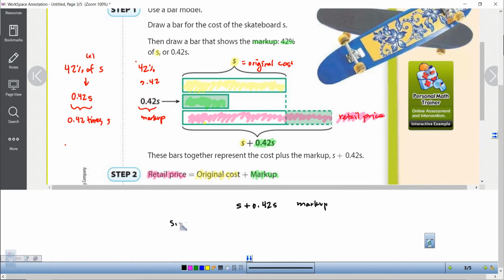But we can simplify it, okay? s is the same as 1s. So it's 1s plus 0.42s, and 1 plus 0.42 is 1.42s. They're going to be asking you to write it two different ways. This way, we're writing the two separate. This way, we combine them.